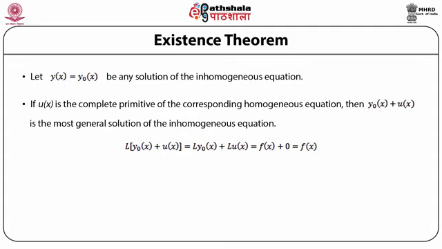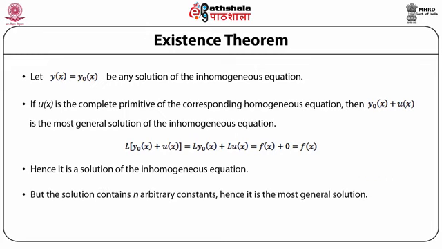The proof is as follows: L times y0 plus u is equal to L times y0 plus L times u, which is given by f of x. Thus, y0 plus u is a solution of the inhomogeneous equation, but the solution contains n arbitrary constants and hence it is the most general solution.